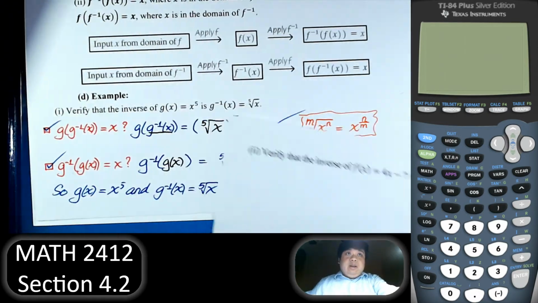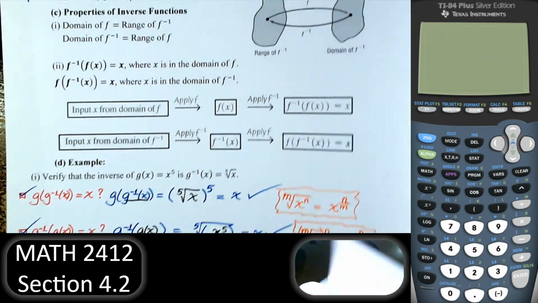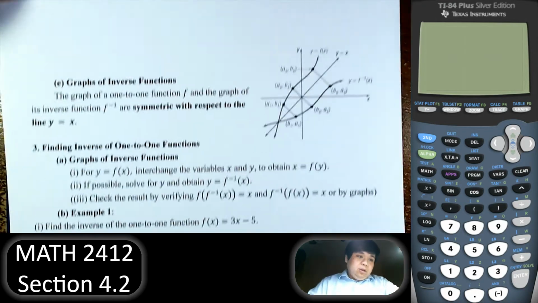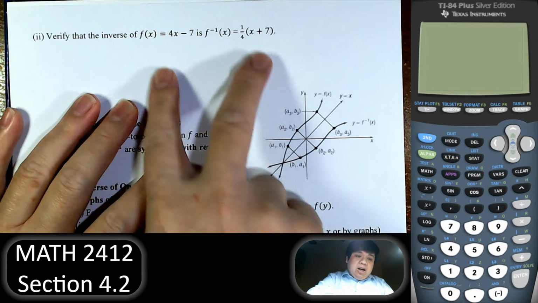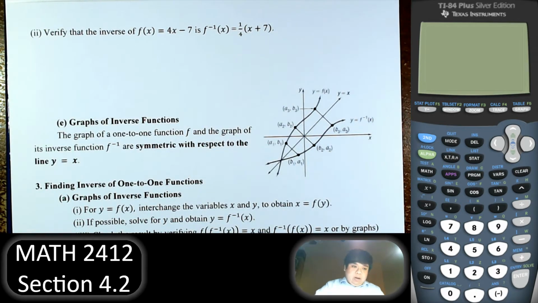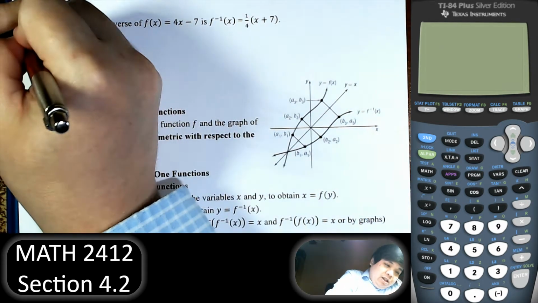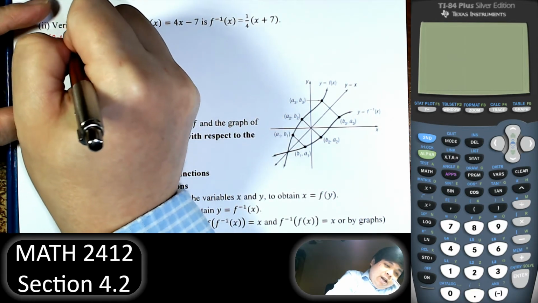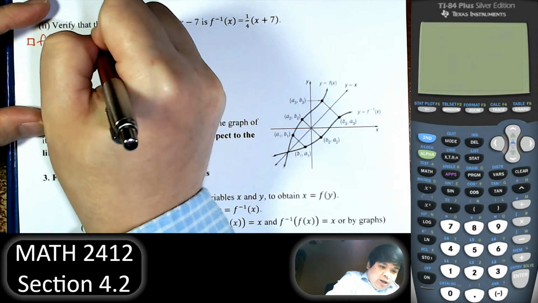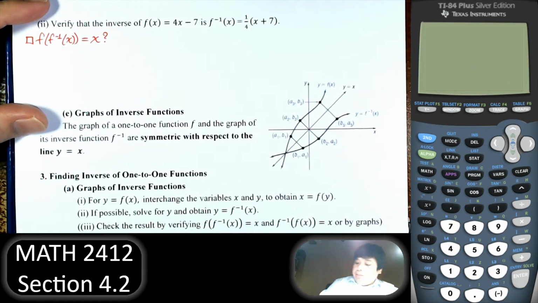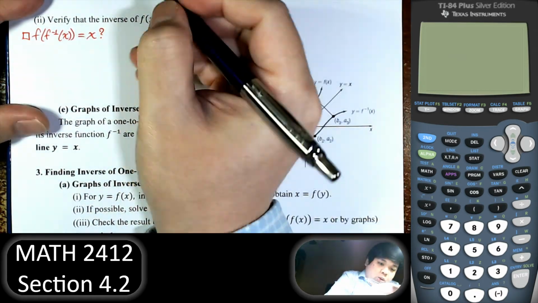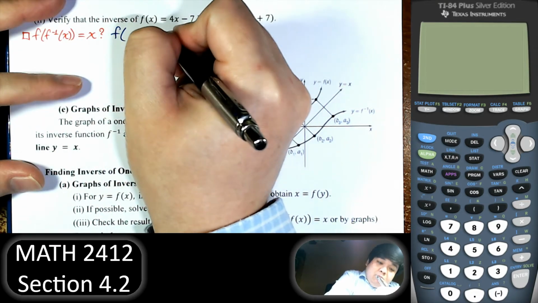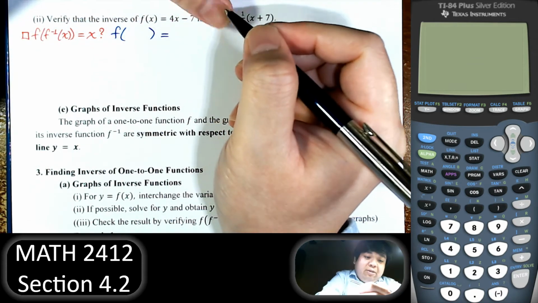Right, with another example. By the way, to check for inverse, we need to have both of them. Verify that these functions are inverse of each other. Well, again, two things. First, is f of f inverse of x equal to x? So we have f of f inverse of x, but like I said, we start with the function f first.